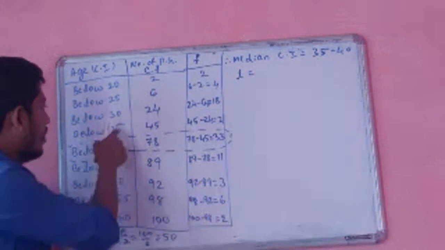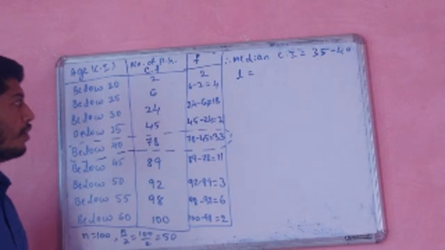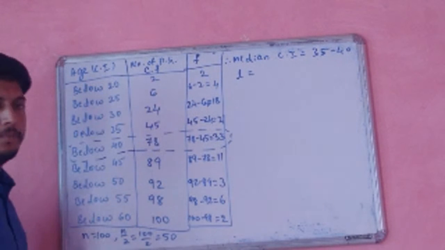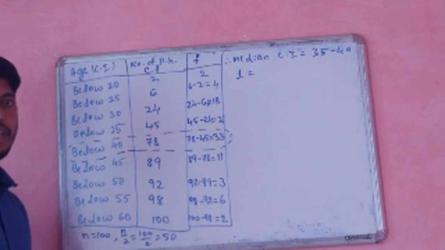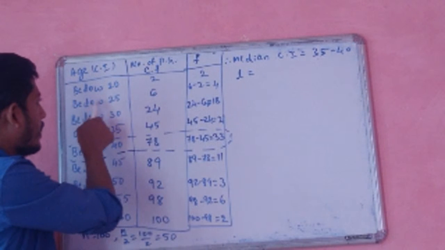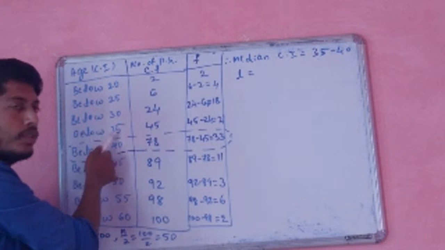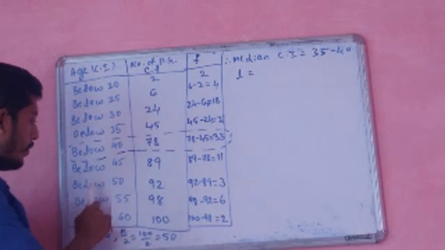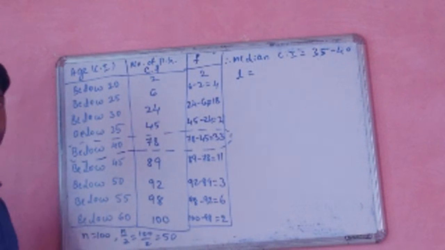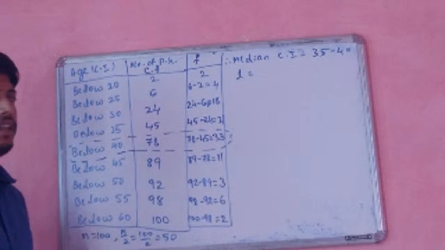Because of the next value, 35. If you want, you can write it in the column. The first is 0 to 20 or below 20, then 20 to 25, 25 to 30, 30 to 35, 35 to 40, 40 to 45, 45 to 50, 50 to 55, 55 to 60. That is better if you write it.